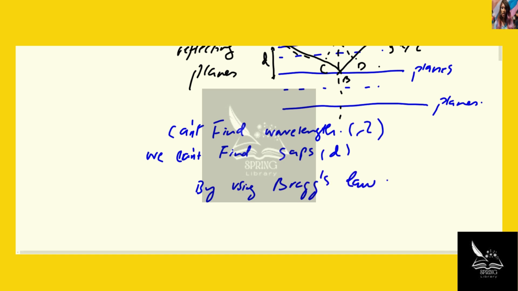So using theta for different m's. Remember, m is the order. So we want to prove that you can't really find the lambdas, and then you also can't really find the gaps between the planes. Okay, so we have different planes right there.